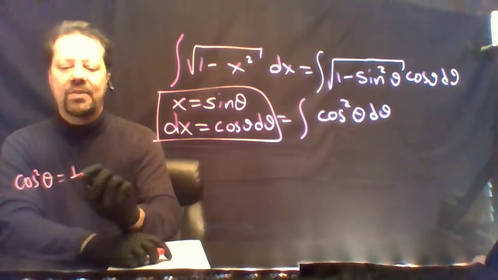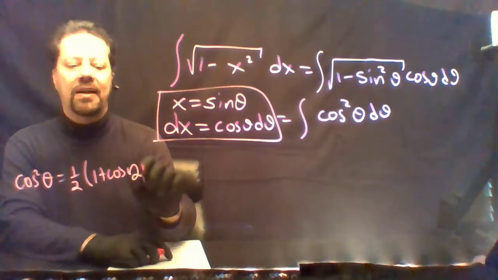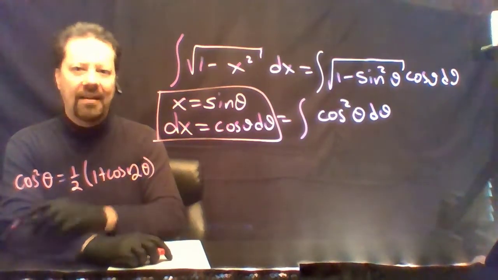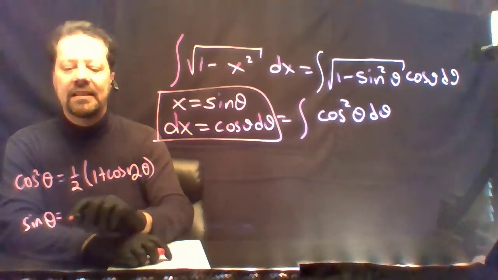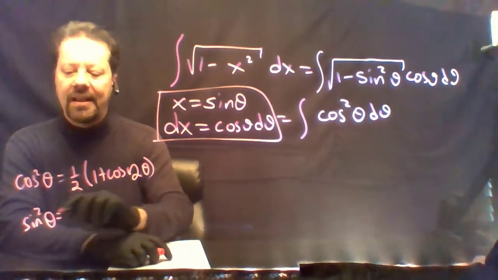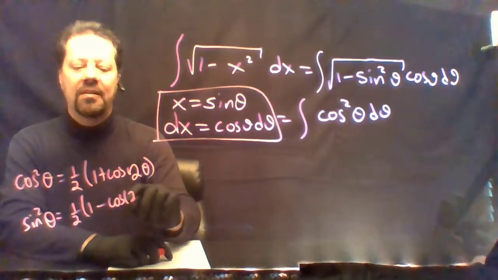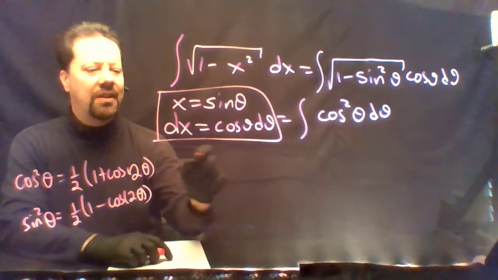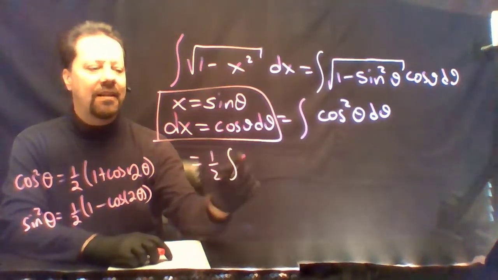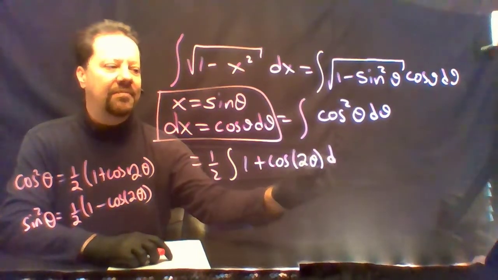Cosine squared theta is 1/2 times the quantity 1 plus cosine 2 theta. I may as well write down the other ones so you can remember them together. Sine squared theta is 1/2 times 1 minus cosine 2 theta. So here we have 1/2 the integral of 1 plus cosine of 2 theta.